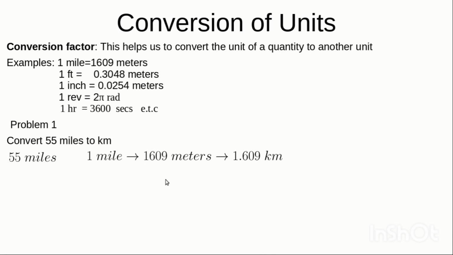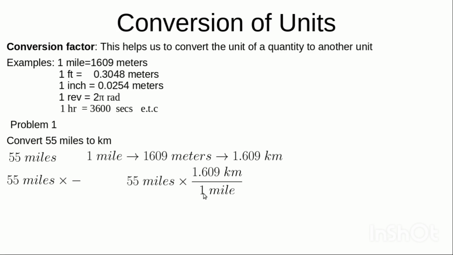So now that we have this conversion factor, we notice that the unit that I want to convert is just 1. So we first of all provide this expression, 55 miles times just 1 dash, because it is 1 unit. So what we have put here is dependent on what we have here. So now that we have miles, I want to convert it. So we'll put 1 mile down, and that will give us 1 mile, and you multiply by the conversion factor that you want to change to.